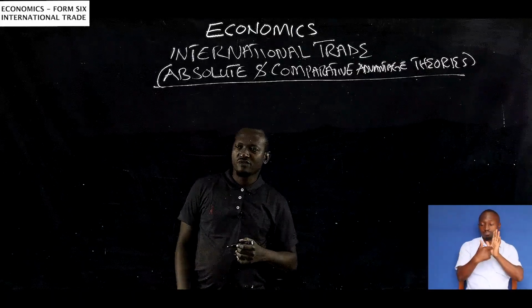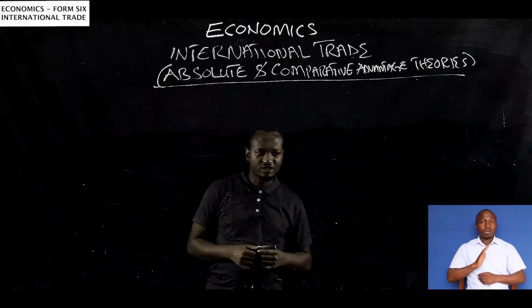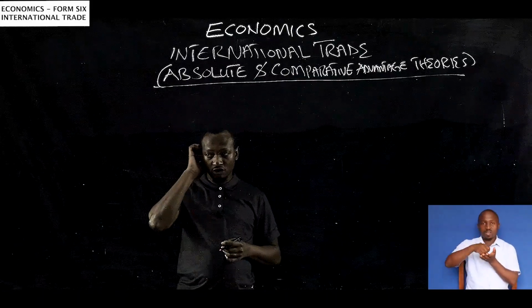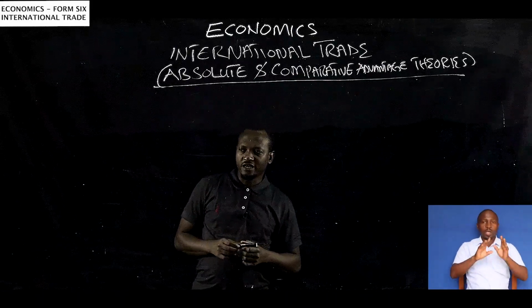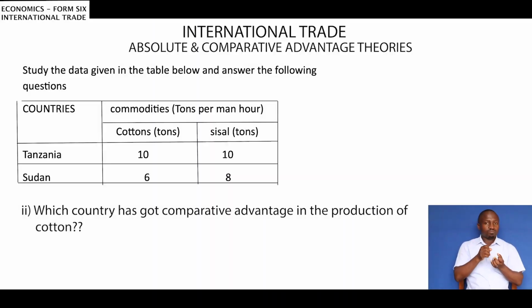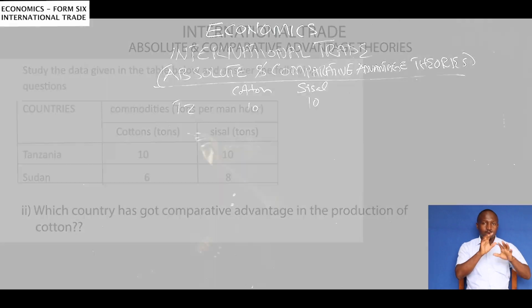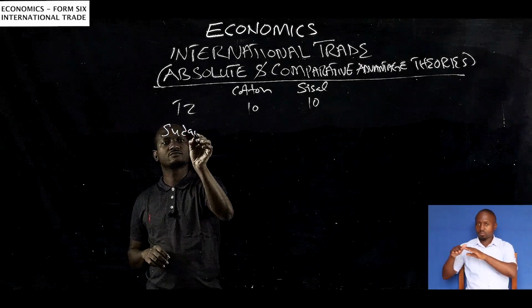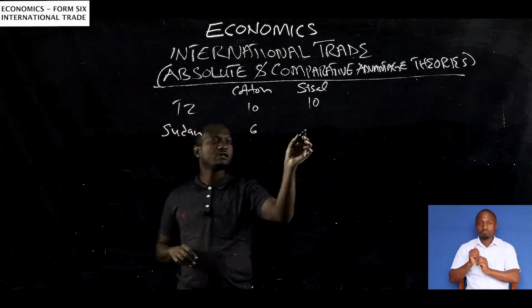Tanzania has comparative advantage in the production of cotton because Tanzania has low opportunity cost in making production of cotton than Sudan. You can see here, Tanzania cotton 10, sisal 10, while Sudan is 6, 8.